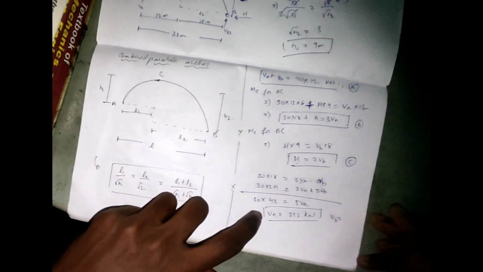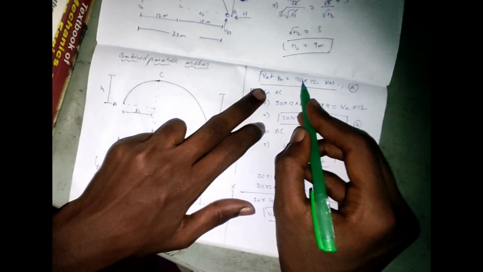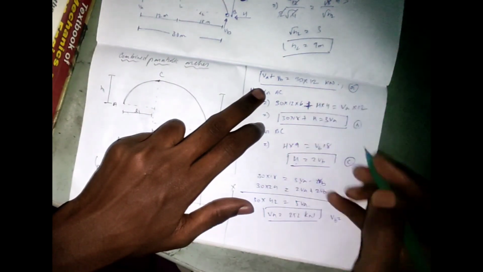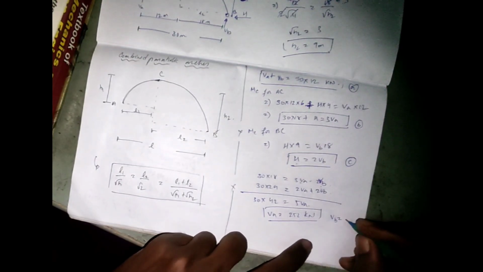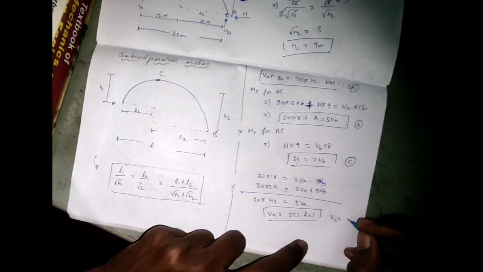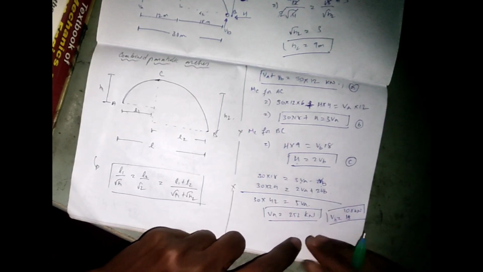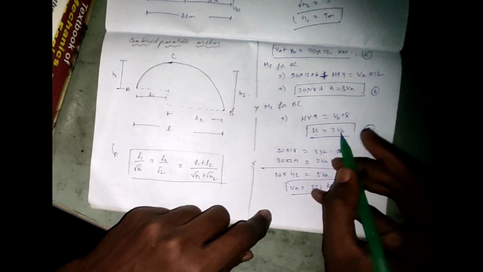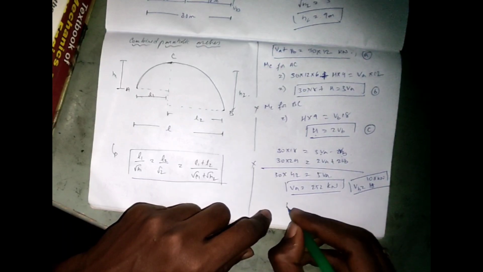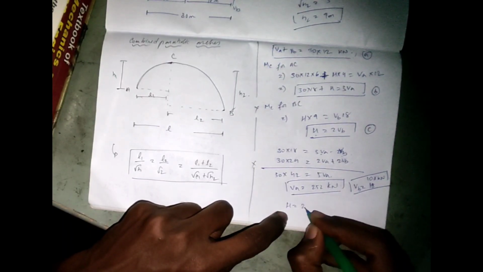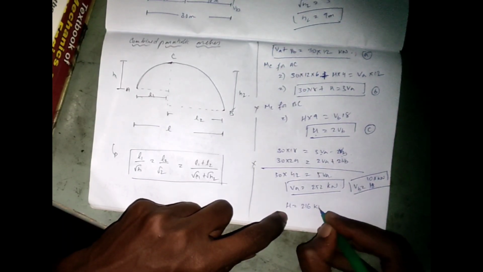Then VB will be 360 minus 252, which is 108 kilonewtons. So 2 times VB is equal to H. So horizontal reaction will be 216 kilonewtons.